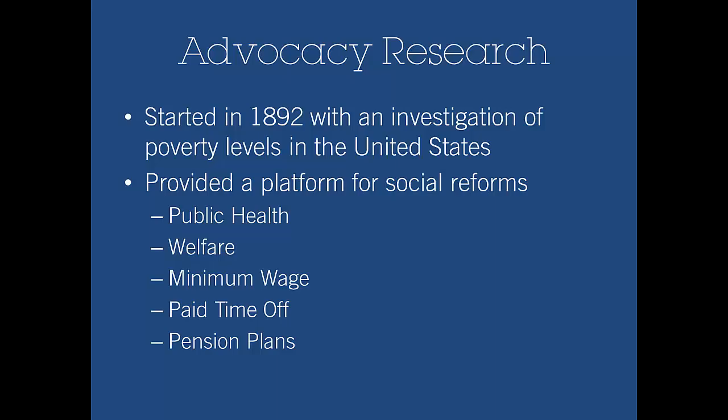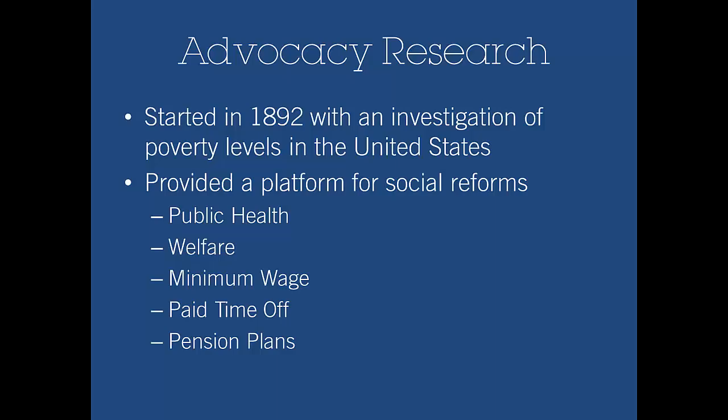And when we look at the history of advocacy research, it really started in 1892 in the United States, where there was an investigation of the poverty levels. This researcher developed two arbitrary levels of poverty, like $482 per year in the northern states and $300 per year in the southern states.